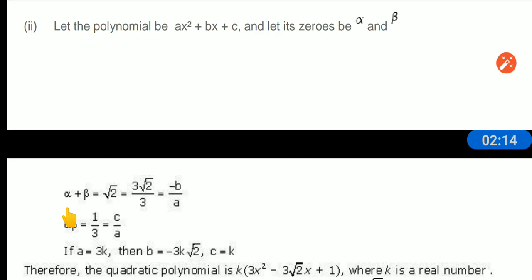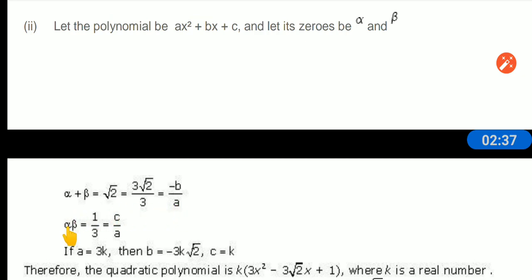Root 2 means sum of zeros. So sum of zeros means alpha plus beta. How much is given in your textbook? Root 2. So you have to multiply and divide with 3, so it becomes 3 root 2 by 3. Okay, children, so sum of zeros, how much? Minus b by a. Isn't it, children? Just now we learned the relationship.